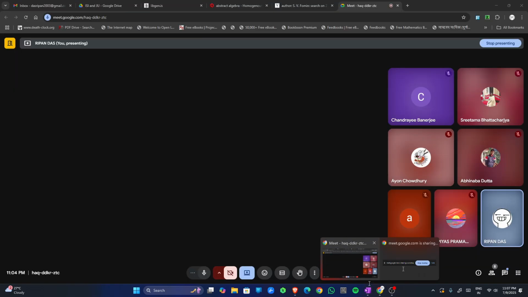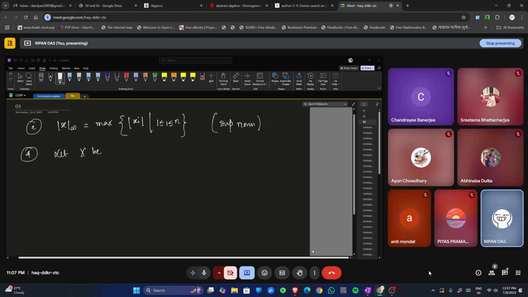Example 4. Okay, so how many of you know anything about compact metric space? You know, right? Compact metric space, compact topological space.